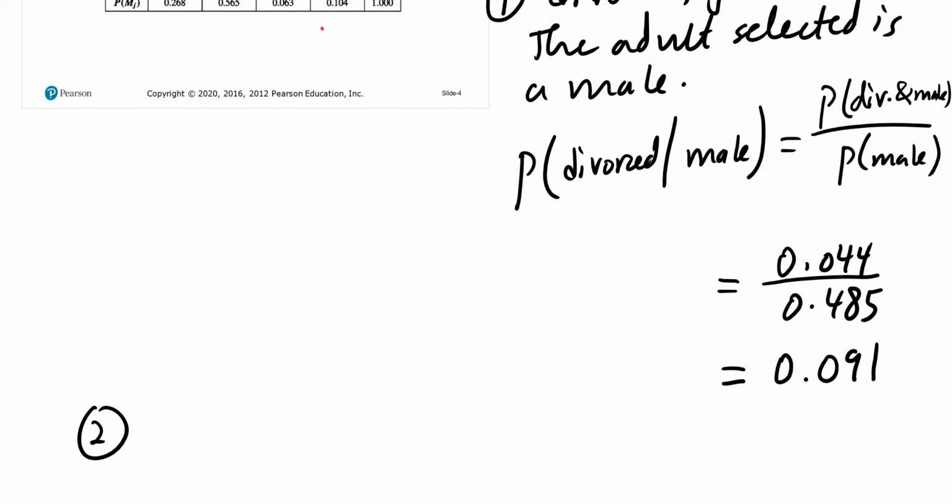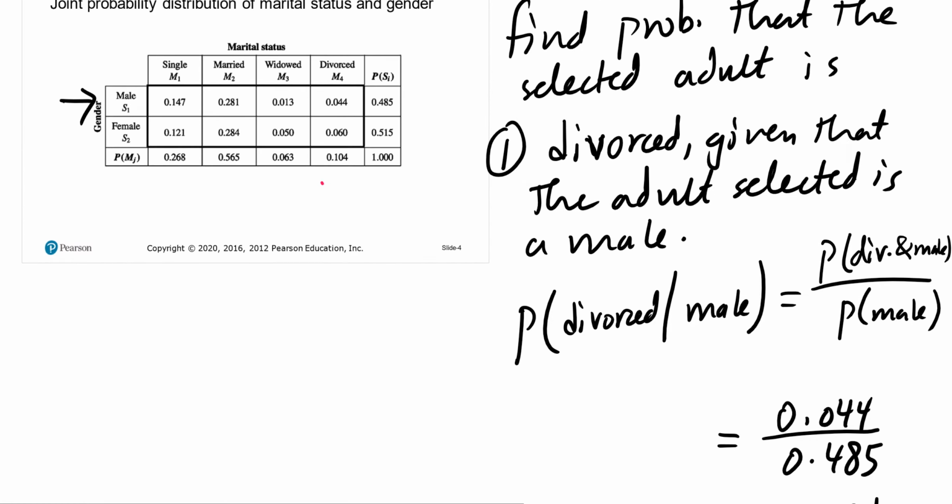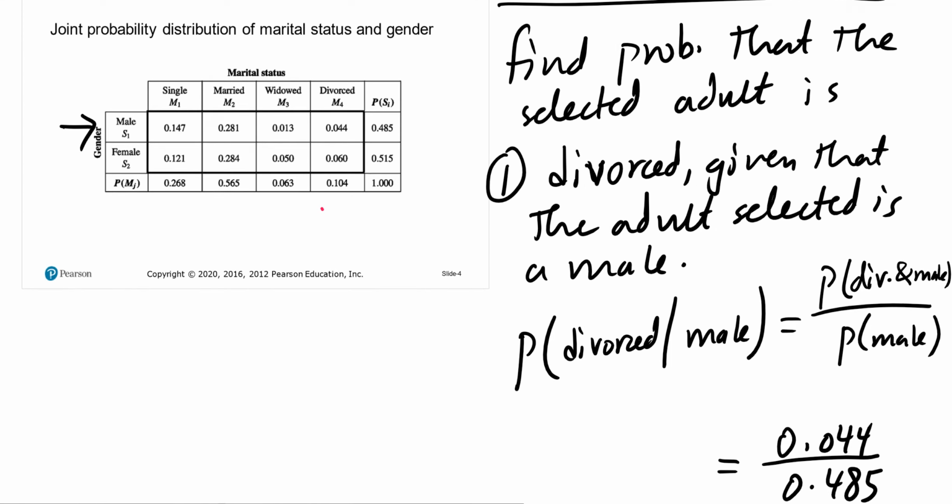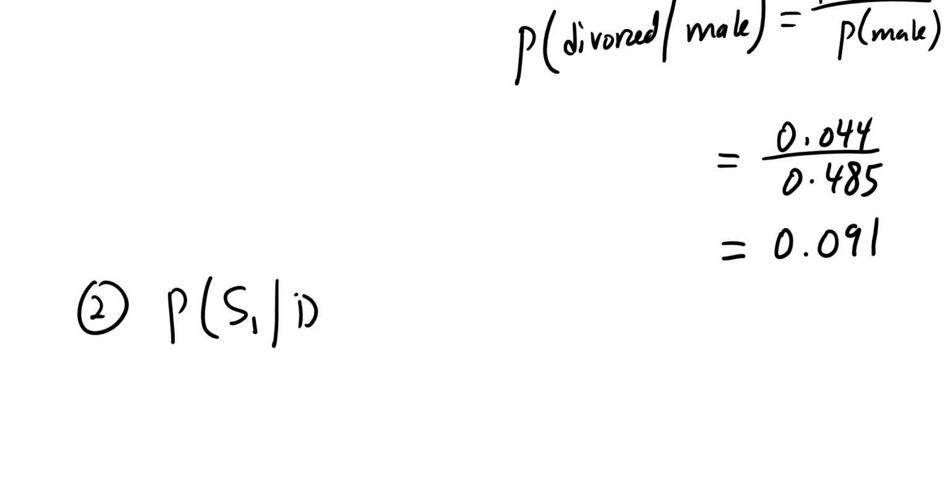Let's look at another example. Let's say they ask us to find the probability that the adult is, let's do it the other way around. S1, if you look in the table, S1 means male, given he's divorced. Let's see, the divorce was M4. They used M4 as a symbol for the divorce. So how do you do this?